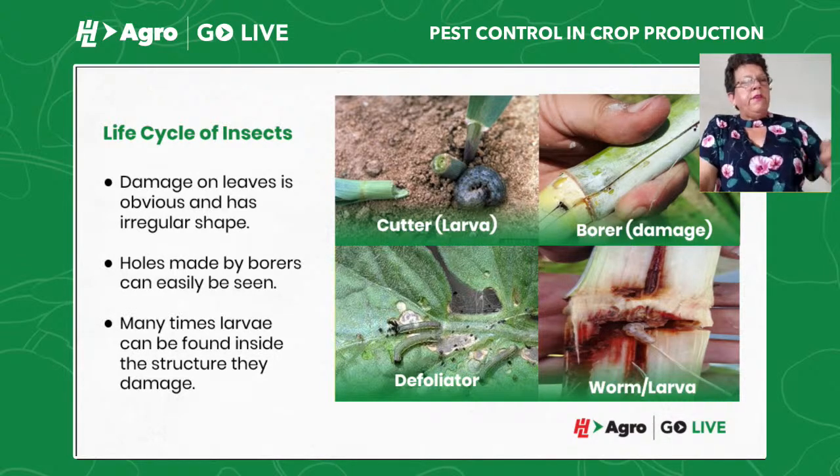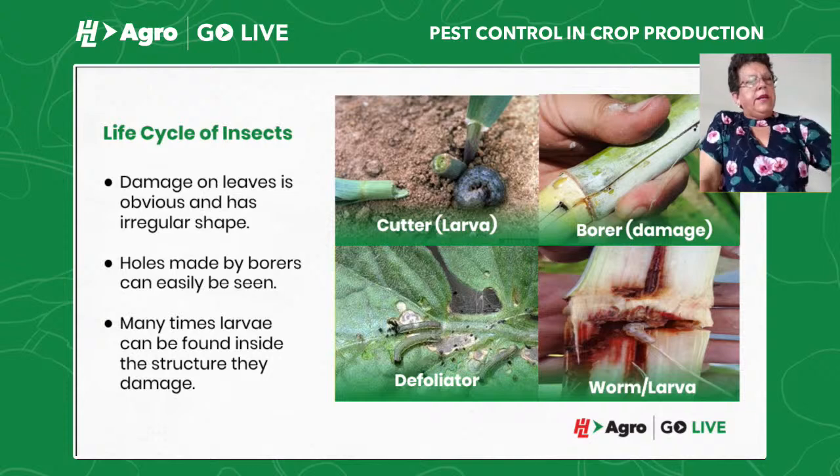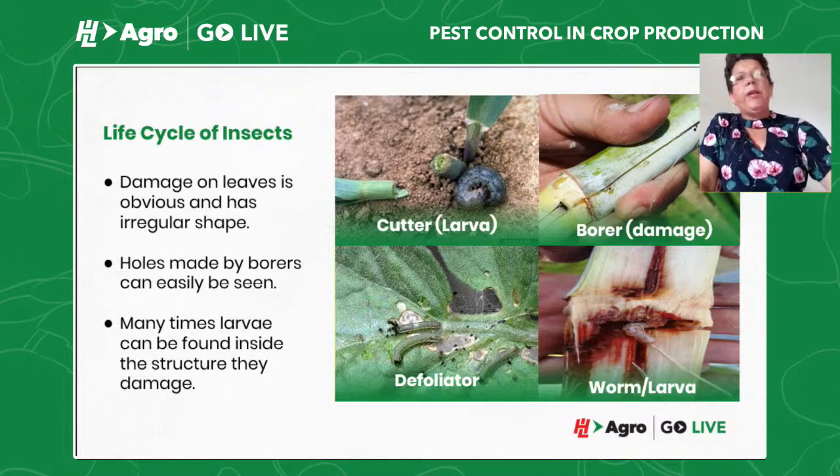Lepidopteras. The life cycle of the insect, damage on leaf is obvious and has irregular shape when you have a defoliator. Here on the bottom left, you have some Spodoptera damaging tomato.